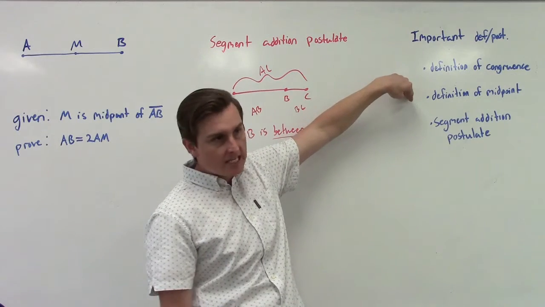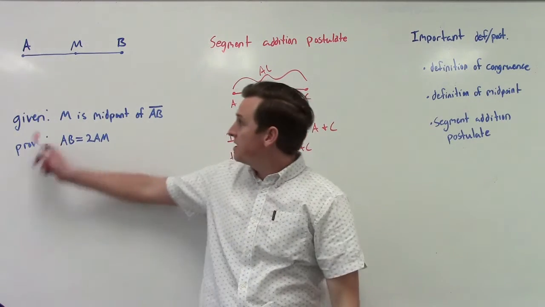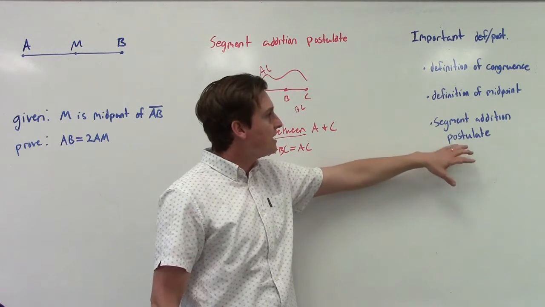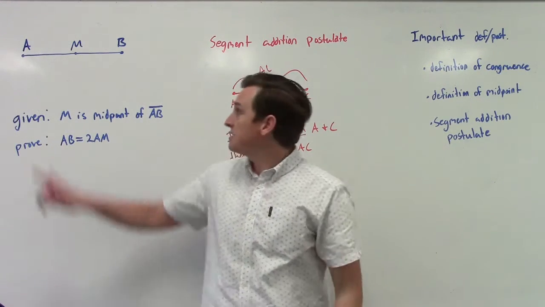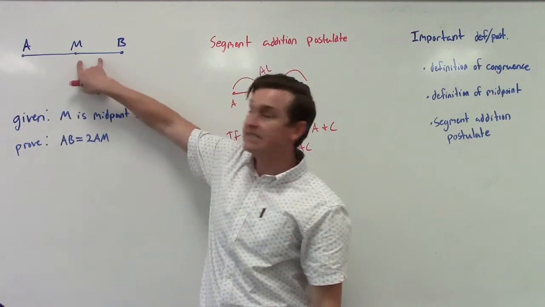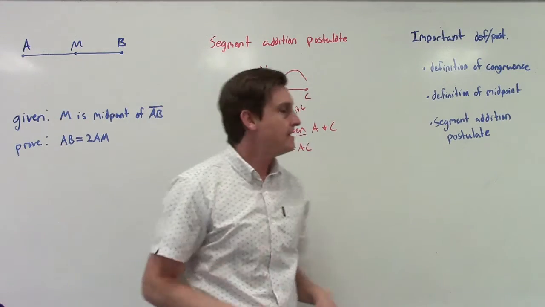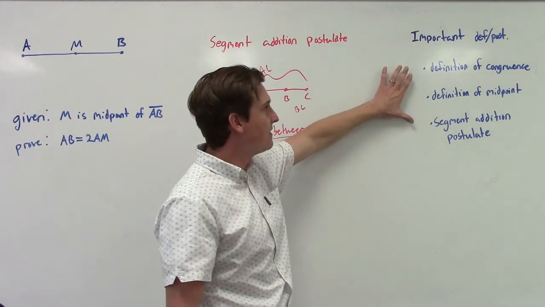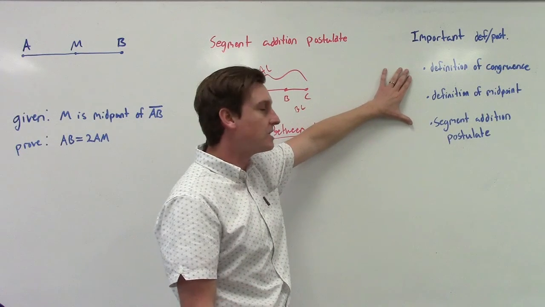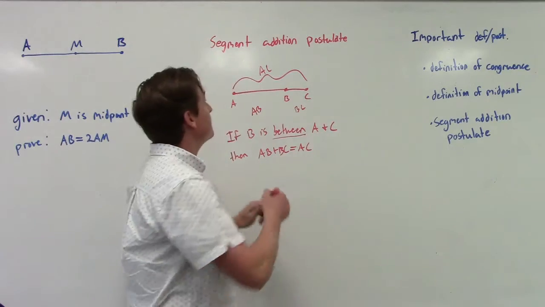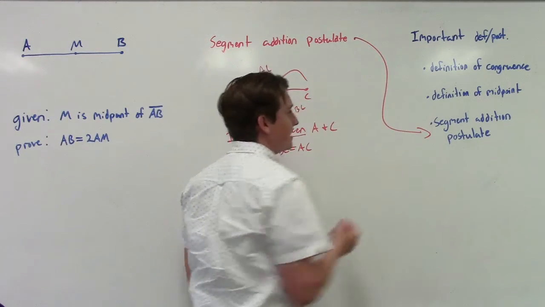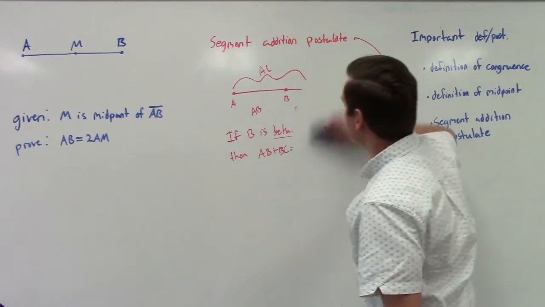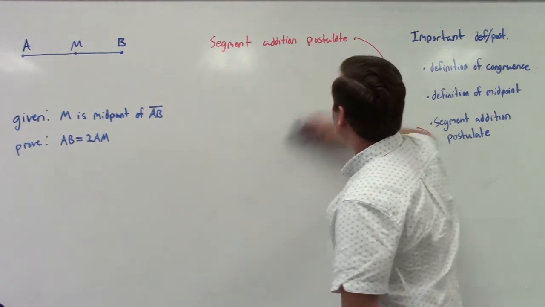Definition of midpoint is going to be helpful, especially in this one, because if it's in the given, we need to know what that means. And then the segment addition postulate is going to allow us to put 2 segments together. Those are the big 3 that we're going to use today. So segment addition postulate, we're just going to tuck it away over there. I just wanted to show you what that looks like first before we tackle this proof, just to review.